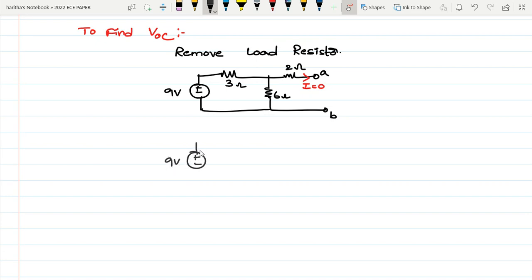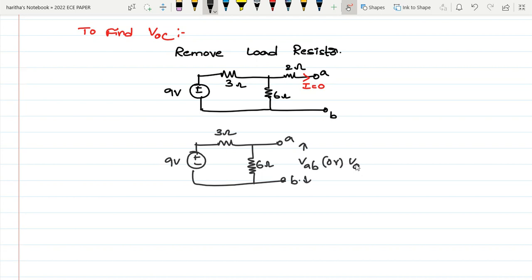Just remove that also. Now this will become A and this will become B, and you have to find the voltage across these A and B terminals. That voltage is called the open circuit voltage VOC.